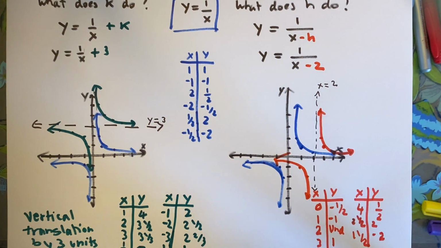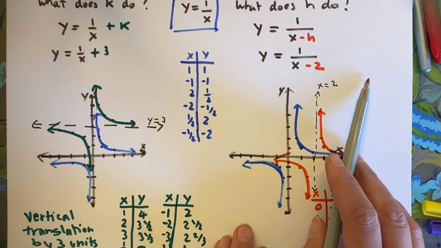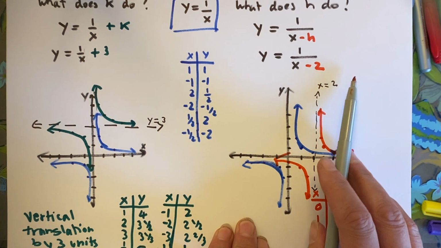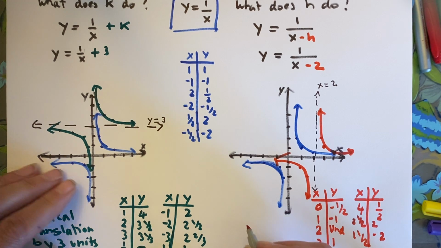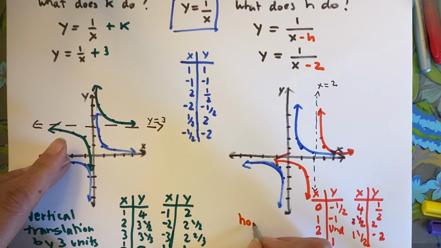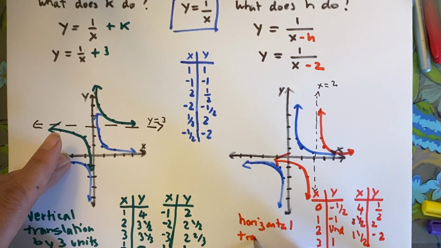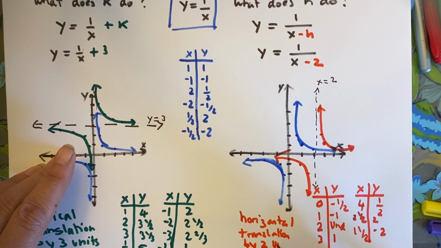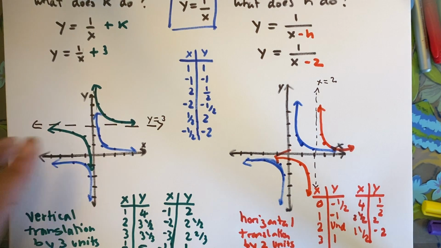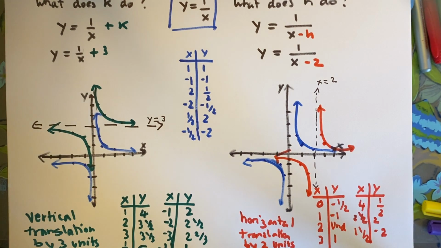And I can see that my hyperbola, 1 over x minus 2, is a horizontal translation by 2 units. I've moved this over by 2 units to the right.